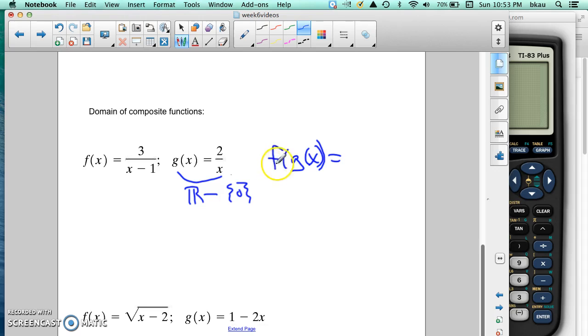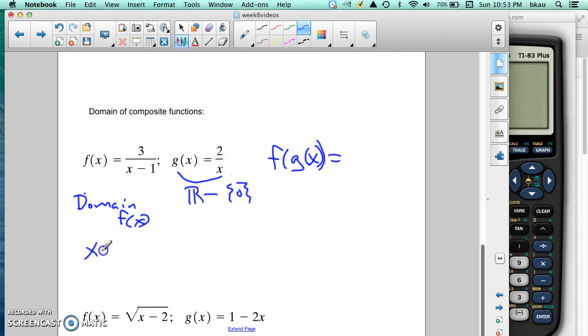Then we have to look at what happens when we evaluate f. Well, f also has a restriction here. The domain of f of x is all values except -1.